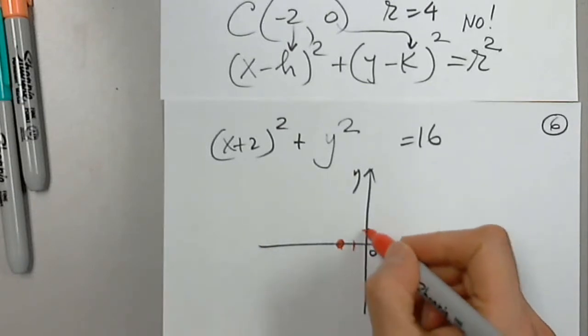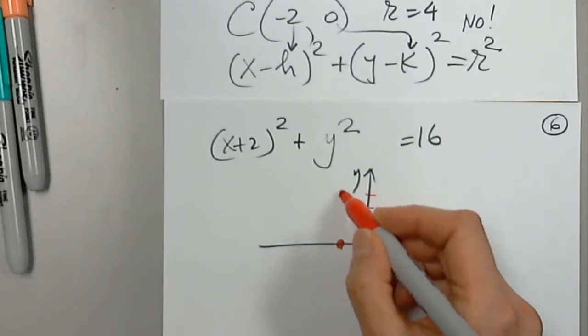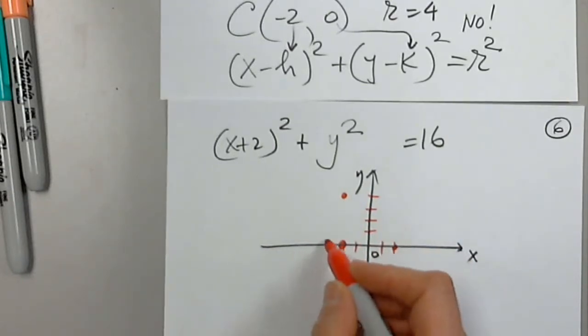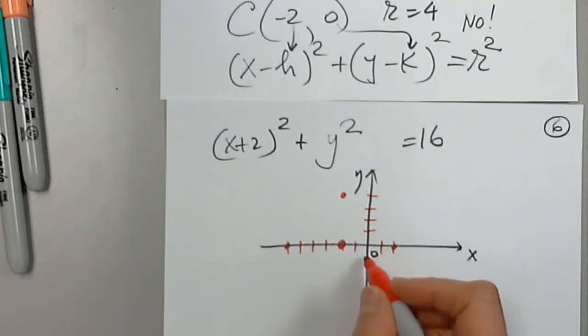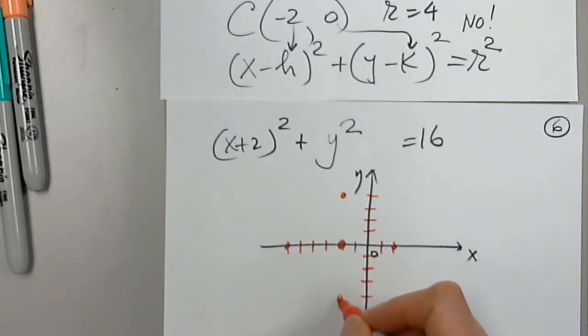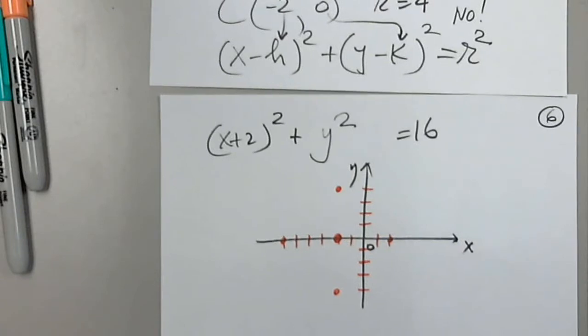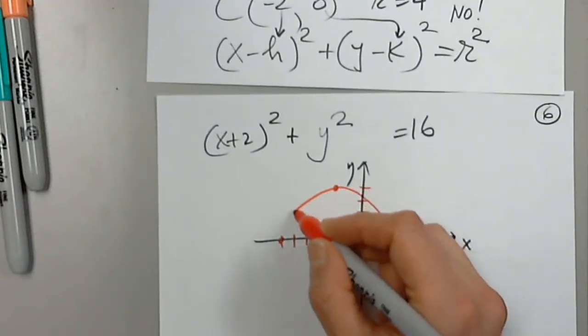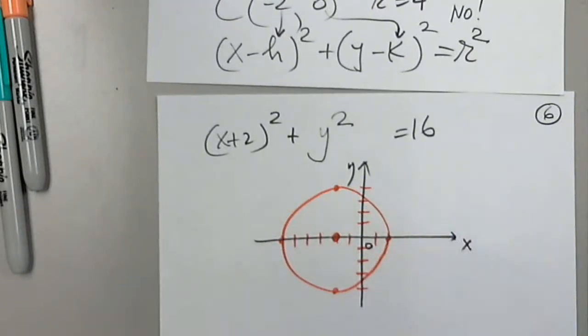So 1, 2, 3, 4. Two more here, 1, 2, 3, 4. And 1, 2, 3, 4. And now I will connect and extend. This is the circle with a center at -2, 0 and a radius of 4.